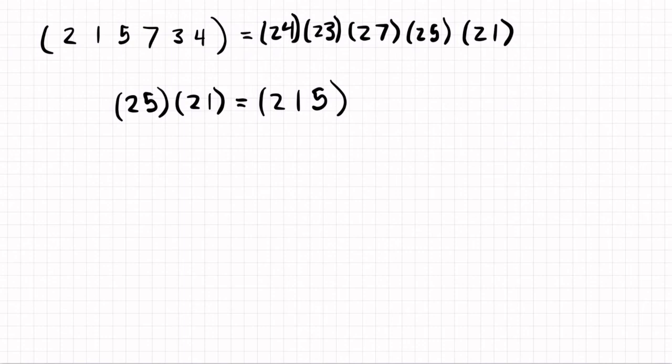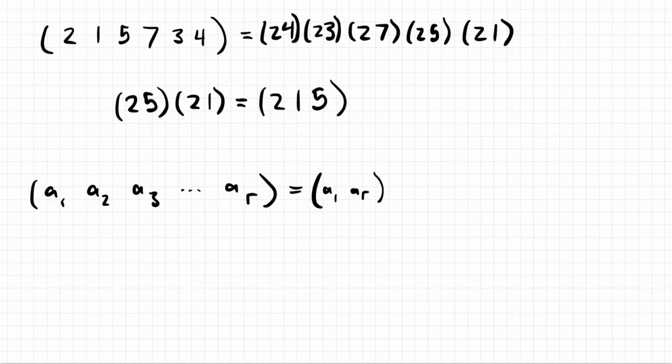And it turns out we can write down this trick in general. If I have the cycle (A1 A2 A3 ... AR), I can write that as (A1 AR)(A1 AR-1) ... and then (A1 A3)(A1 A2), which will be the last one right there.